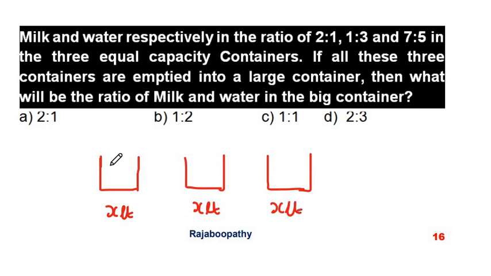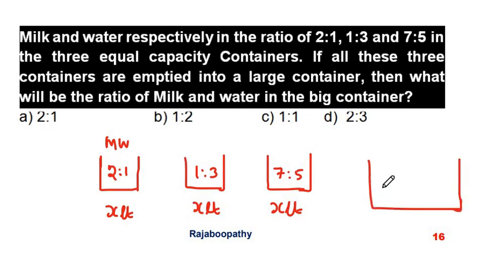Here the milk and water are in the ratio 2 is to 1. Here 1 is to 3. Here 7 is to 5. Equal capacity. Now I am going to empty the 3 containers into a single container.